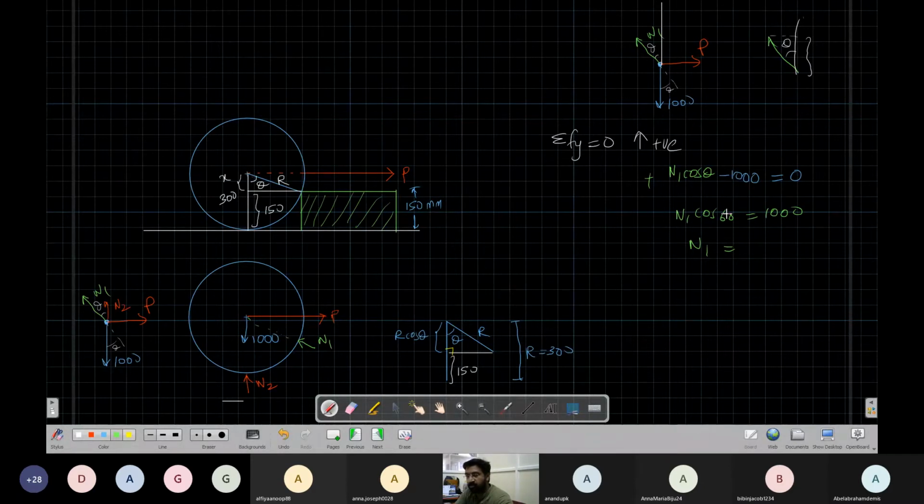Cos 60 is half, so N1 equals 2000 Newton.